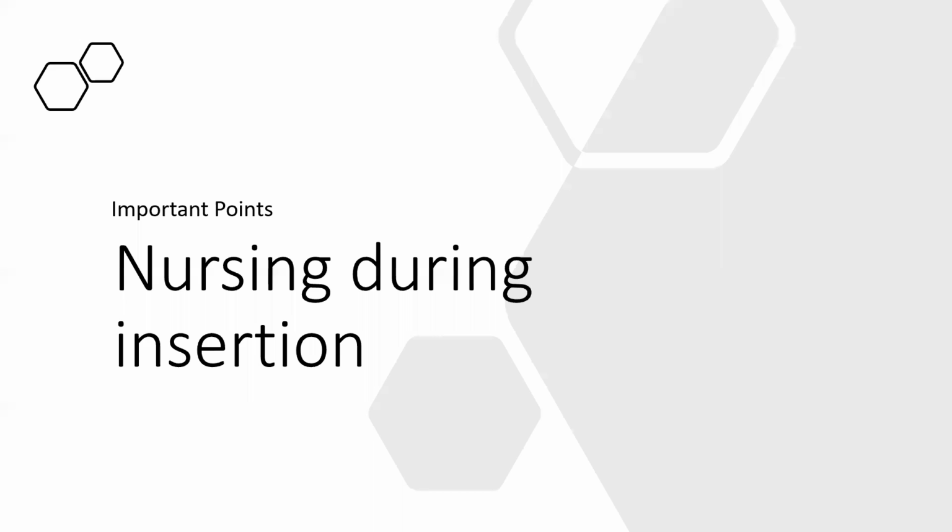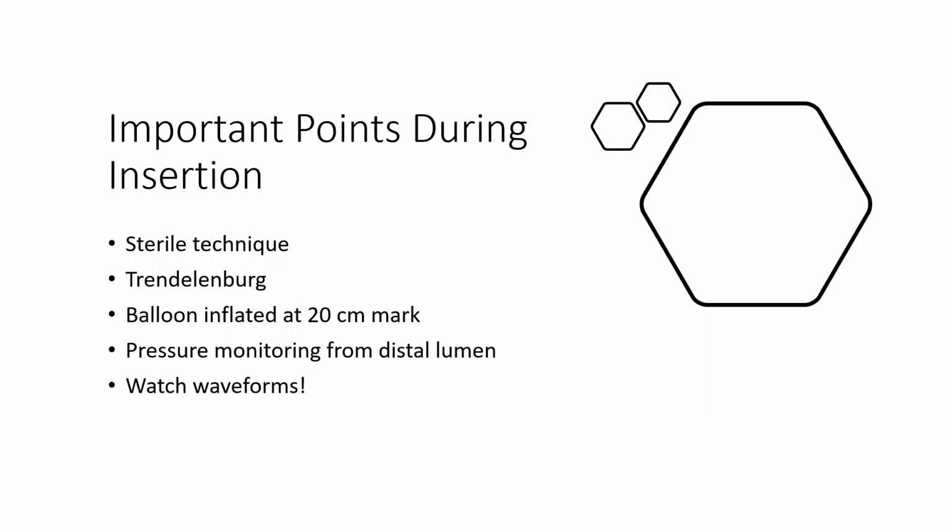So we have now talked about the anatomy of the catheter. And I think the most important part of this presentation is the nursing interventions in the care of the patient with a pulmonary artery catheter. So let's begin with your nursing obligations during insertion. As with any catheterization procedure, sterile technique is essential.